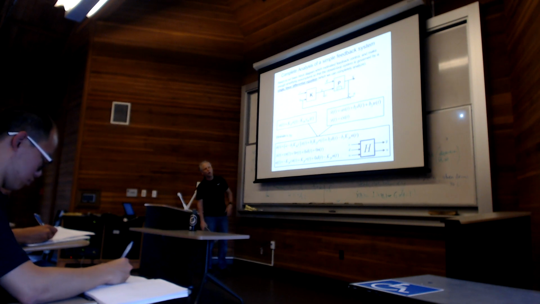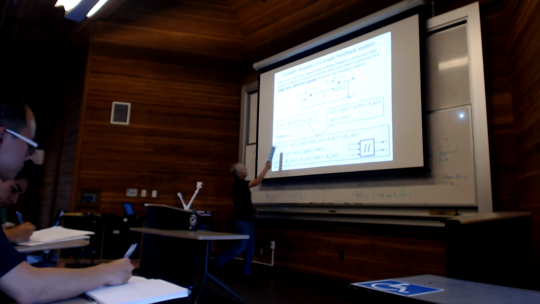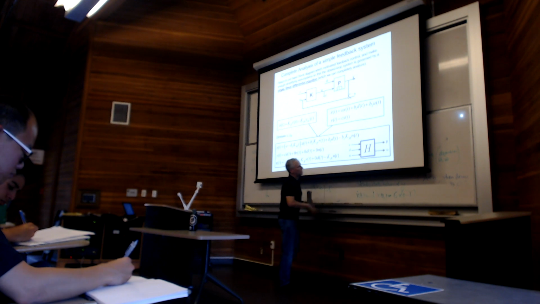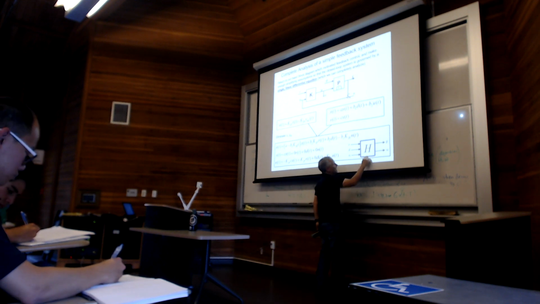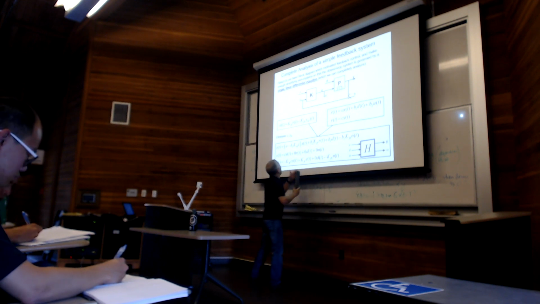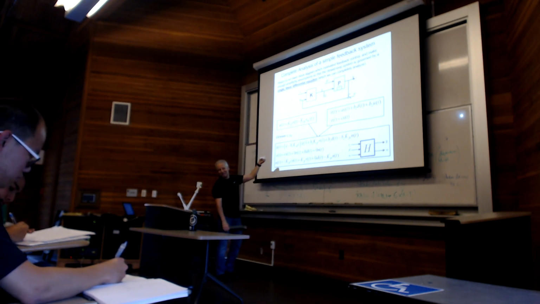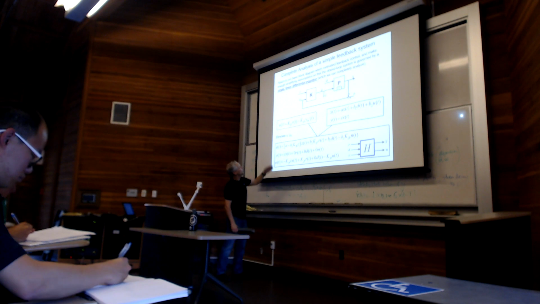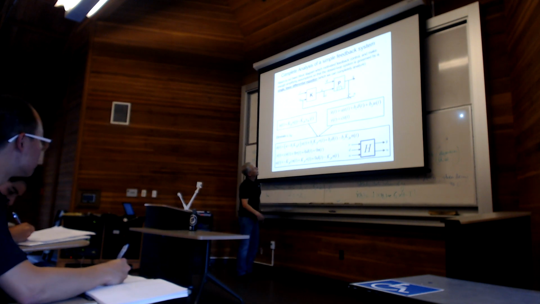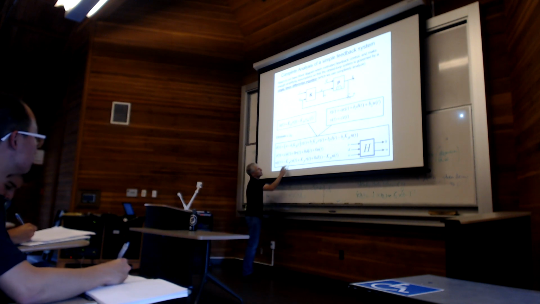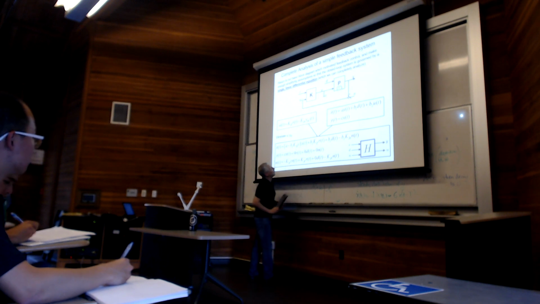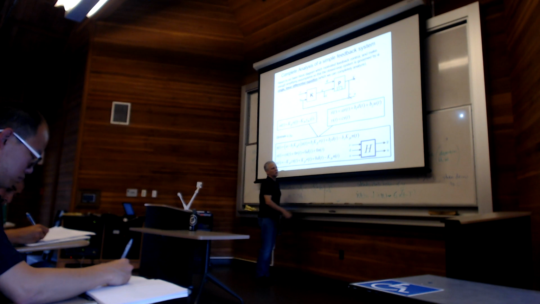I have to plug in what u is, and I can only write u in terms of x and r, d, and n. So I plug in for y again, cx plus n, and I get kff r minus kfb c x, and then minus kfb n, and nothing times the disturbance.